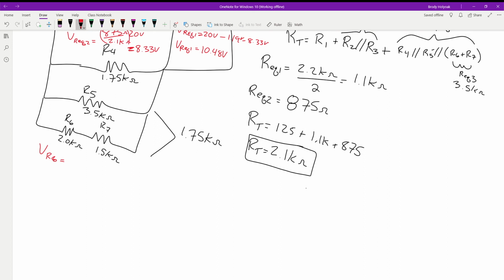So in this instance, we will have the 2.0K divided by the 3.5K, because that's our total resistance in this branch. And that's going to be multiplied by the 8.33 volts, because both of them together are going to share that 8.3, and they're going to split that apart between the two of them. So VR6 comes out to be how much voltage?